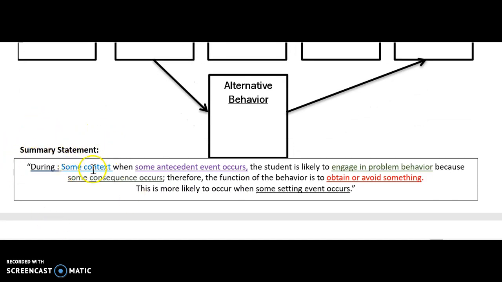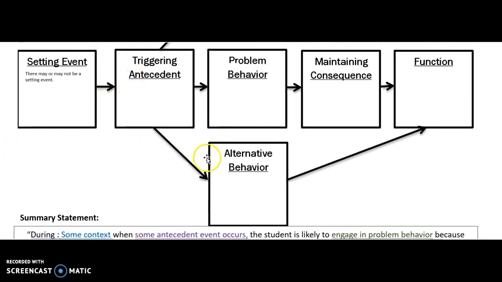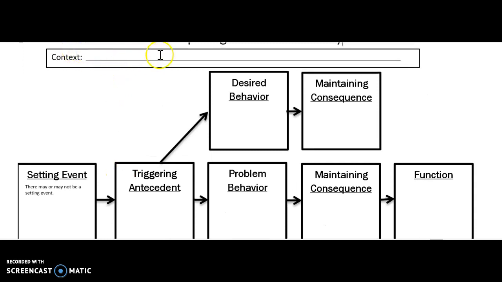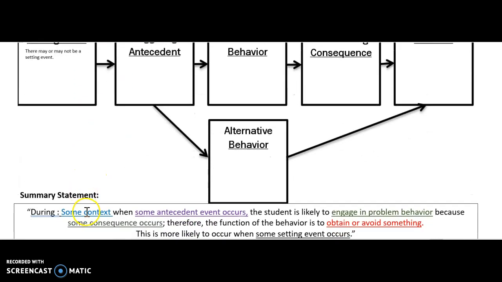Then your summary statement is literally just pulling from these boxes and filling this in. So during, what was your context? During math class. You're going to fill that in here. When this happened, the antecedent, the student is likely to engage in throwing the math book because I sent them to timeout.